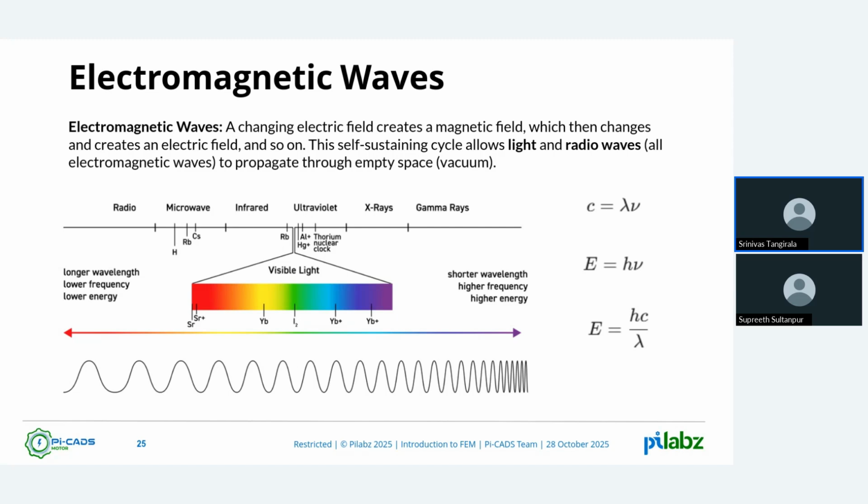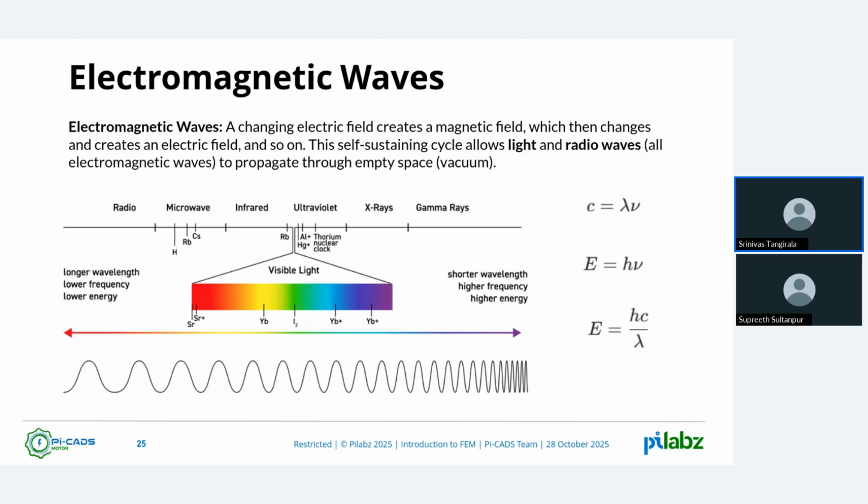We can't see the radio waves, microwaves, or even infrared waves, but only in the region of some 700 nanometers to 300 nanometers wavelength. That is how much the wavelength of this visible light is.